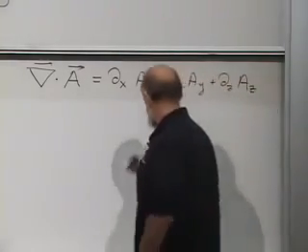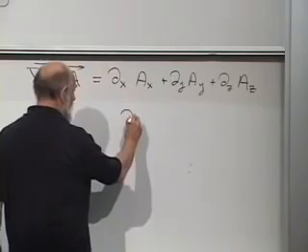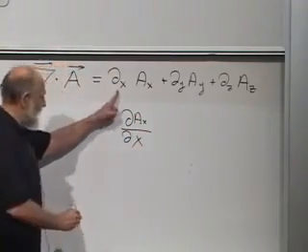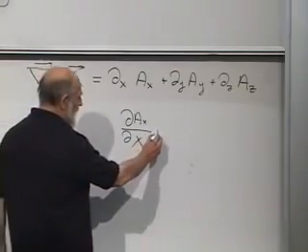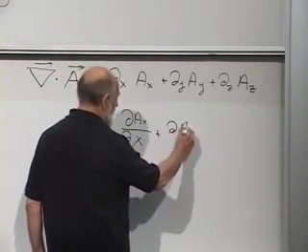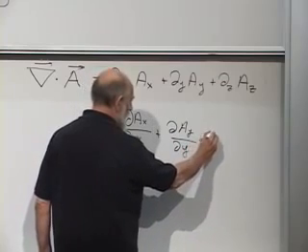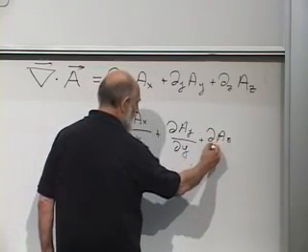So let me write it. It's the derivative of a sub x with respect to x. That's what this means. Plus the derivative of a sub y with respect to y. Plus the derivative of a sub z with respect to z.